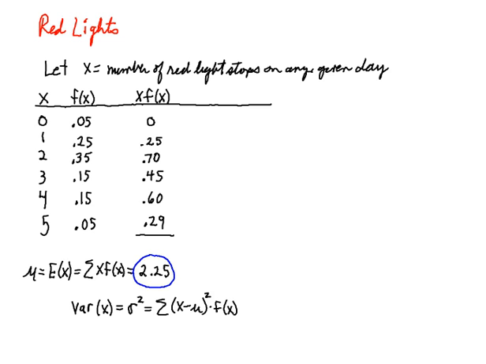So to go ahead and get the values I need to add together for that summation formula, I'm going to create another column, x minus mu, where mu is 2.25.